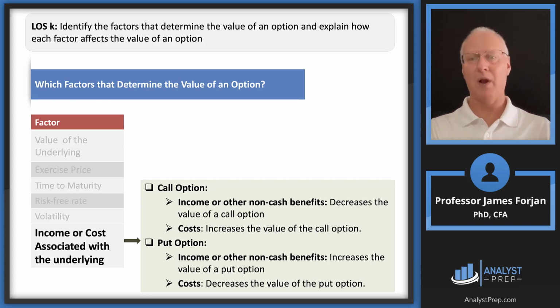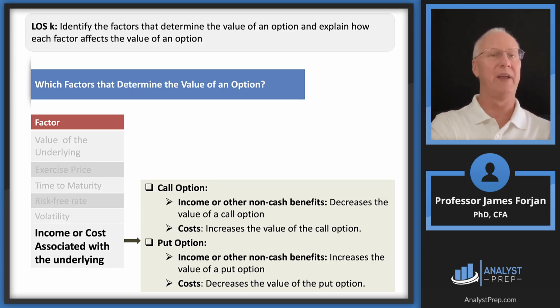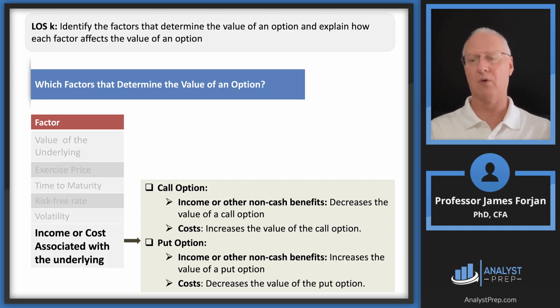the call option price has to reflect the simple fact that the shareholders are benefiting, but the call option holders are not. So notice what we have in that first arrow point there. Any income or other non-cash benefits decreases the value of the call option. Any costs, on the other hand, increase the value of the call option.